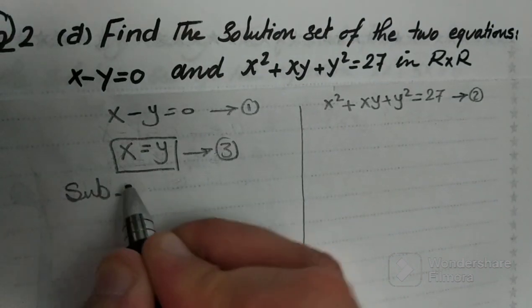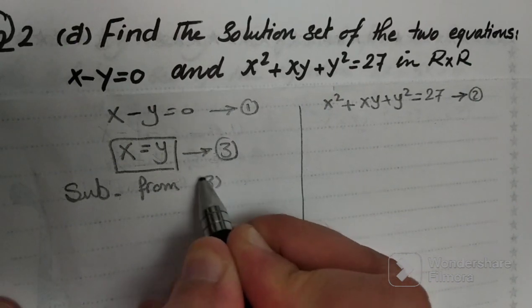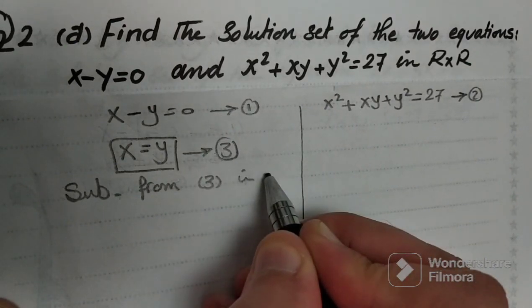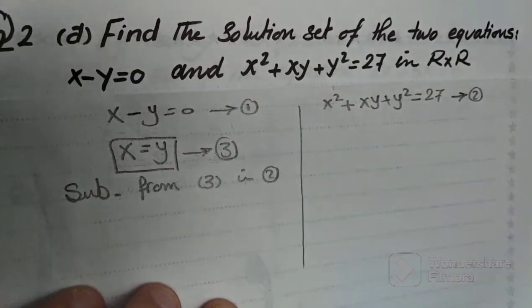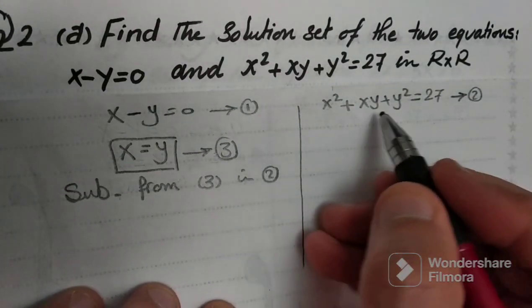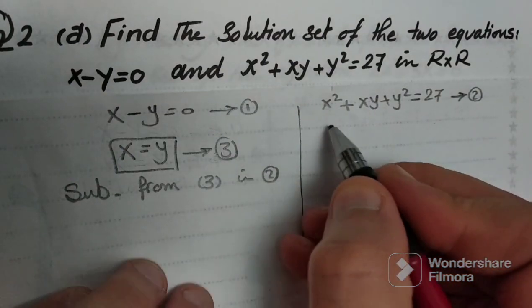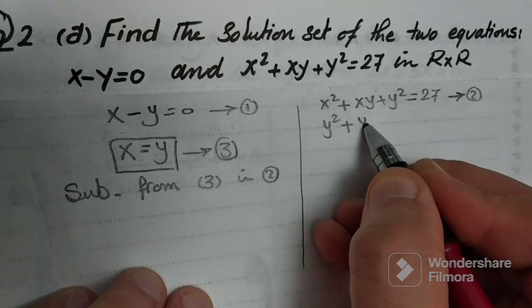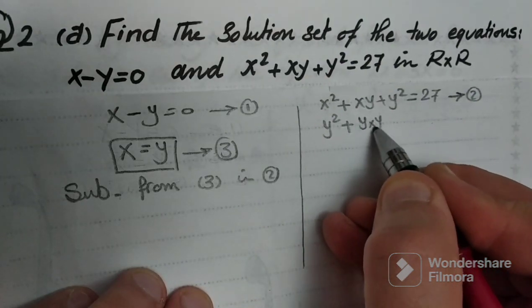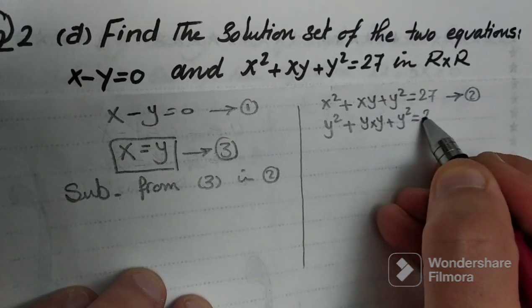Substitute from 3 in 2. Replace every x in the equation of the second degree by y: y squared plus y multiplied by y plus y squared equals 27.